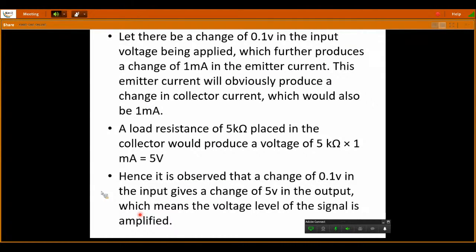The smallest change in voltage is amplified to the largest magnitude, so this is known as a voltage amplifier.